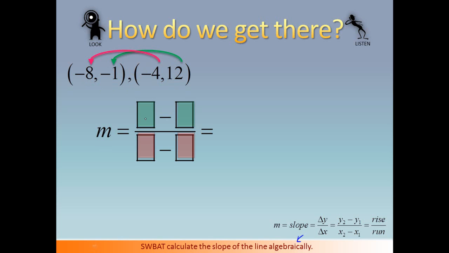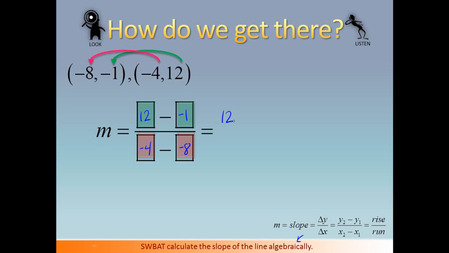And then we're going to put those numbers in for y2 minus y1. So 12 minus -1, that's a difference in my y coordinates, over x2 minus x1, a difference in my x coordinates. And then you simplify by using your arithmetic skills.